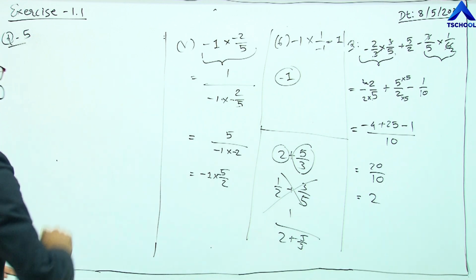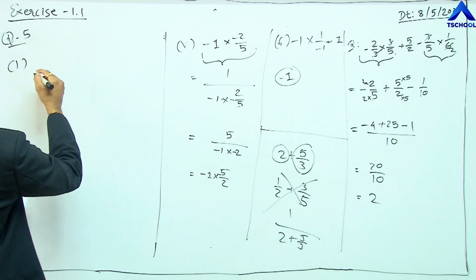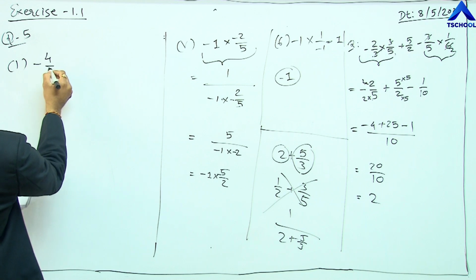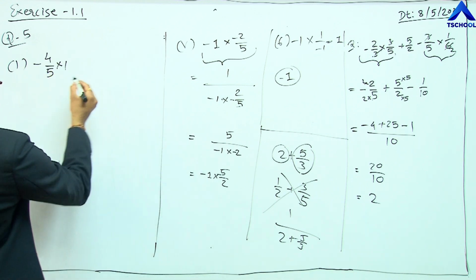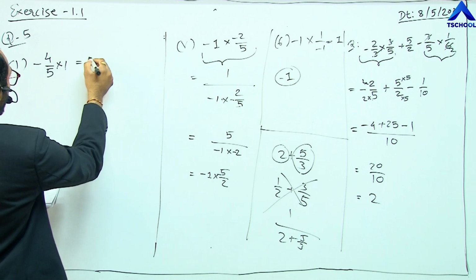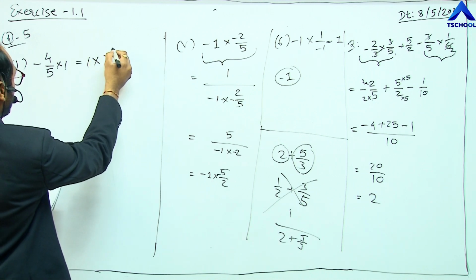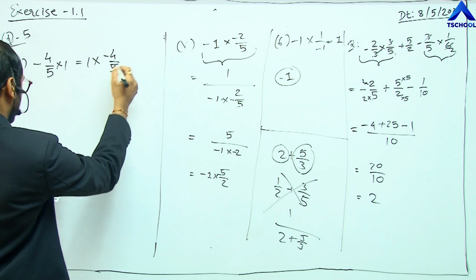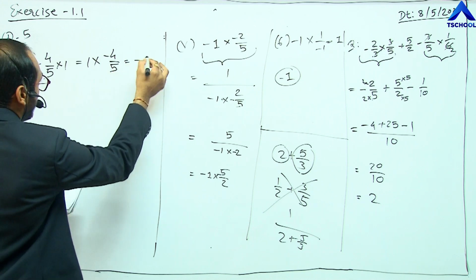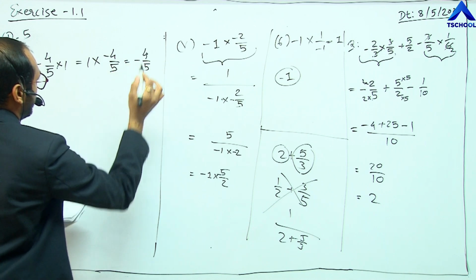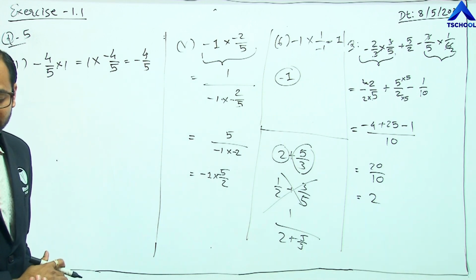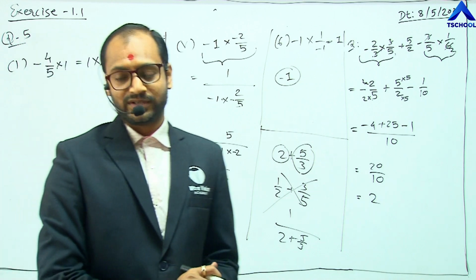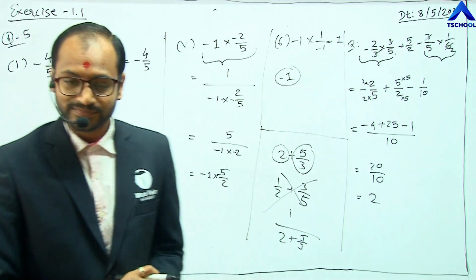First is minus 4 upon 5 into 1 is equal to 1 into minus 4 by 5 is equal to minus 4 upon 5. Now which property of multiplication is used?